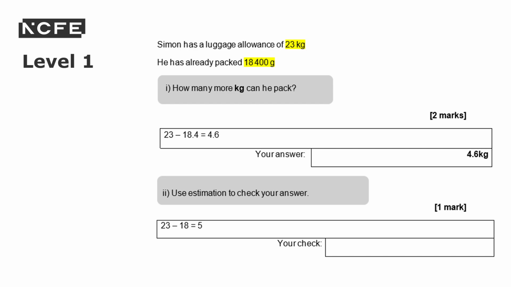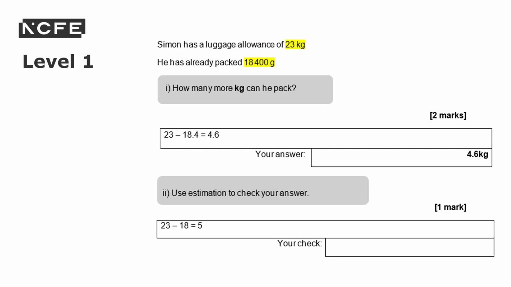And it's important for you to know that when it comes to the estimation questions, you are being assessed on N15, number 15. So that's the subject content 15 from the qualification specification, which is estimate answers to calculations using fractions and decimals.